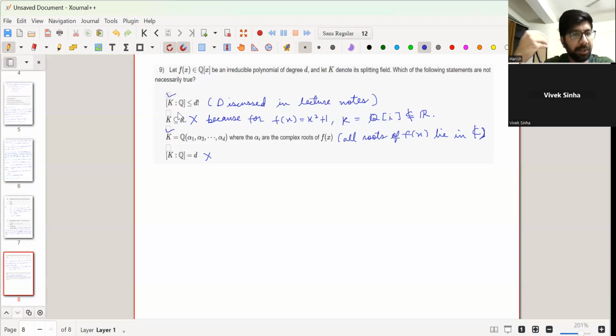Then if K is a splitting field of that polynomial, then K over F has degree less than or equal to d factorial, where d is the degree of the polynomial. So that is for any polynomial, irreducible, reducible, any polynomial. So if it is for any polynomial, it will be true for irreducible also, right?